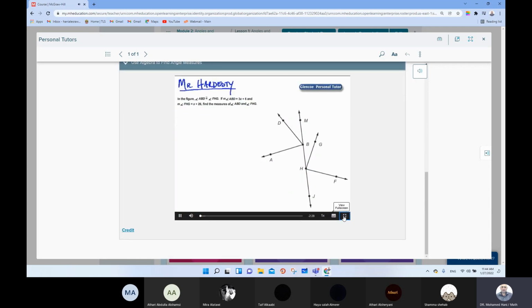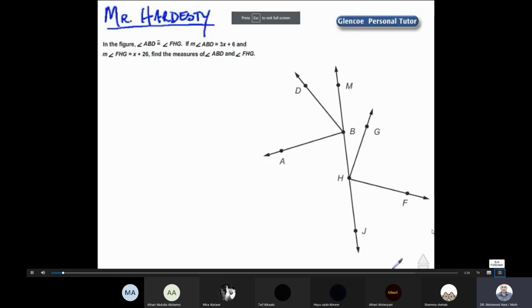This is Mr. Hardesty. Let's measure and classify angles. In the figure, angle ABD is congruent to angle FHG. If the measure of angle ABD equals 3x plus 6, and the measure of angle FHG equals x plus 26, find the measures of angle ABD and angle FHG. We've been given that two angles are congruent in our diagram, ABD and FHG.